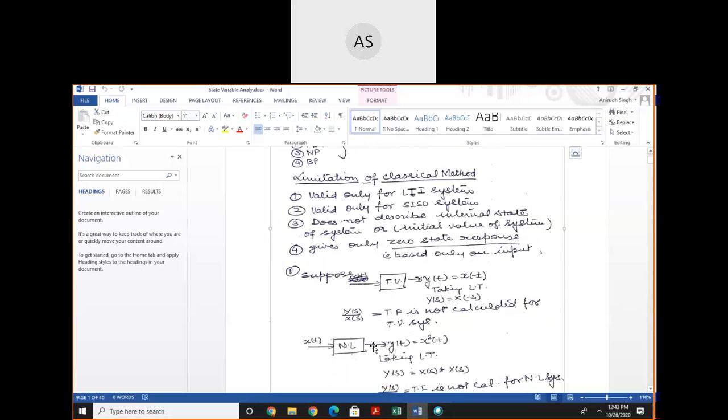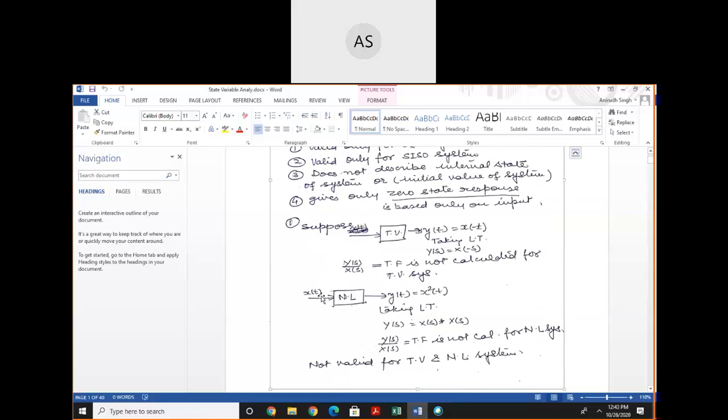Similarly, for non-linear systems, if we give an input x of t, we get y of t equal to x squared, because it is a non-linear system. If we take Laplace transform of both sides, then we get Y of s is equal to X of s convolution X of s. In this case, we cannot calculate Y of s divided by X of s, which is the transfer function.